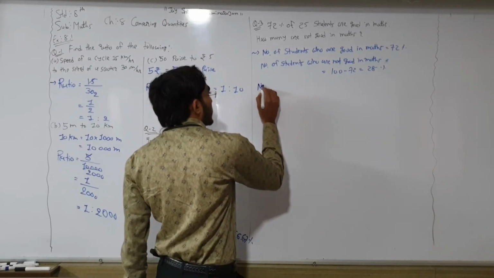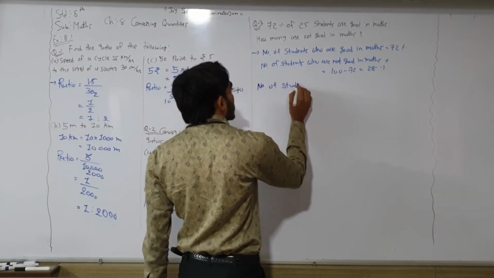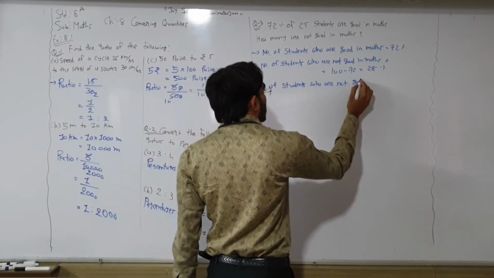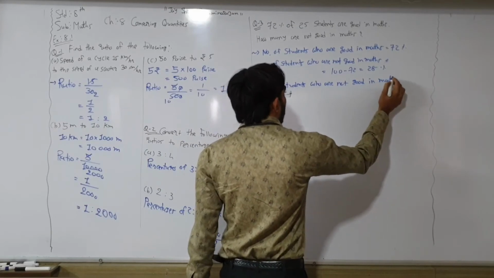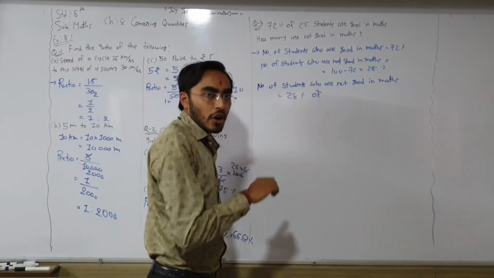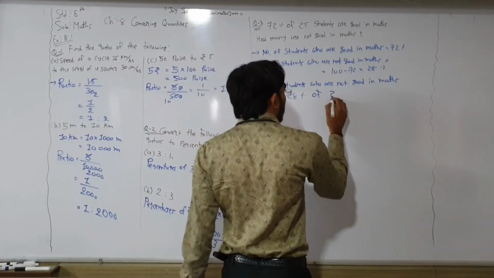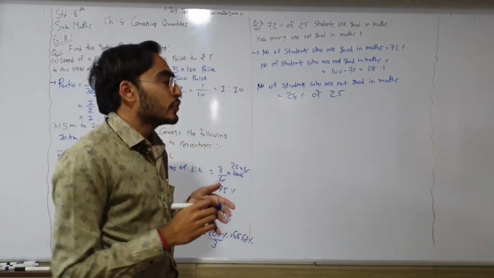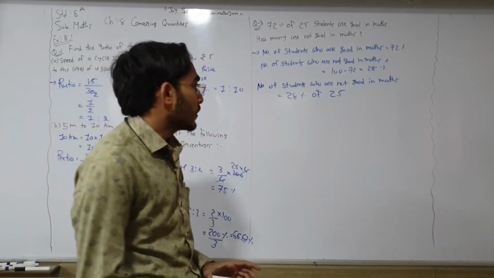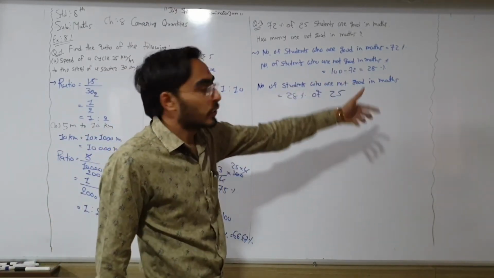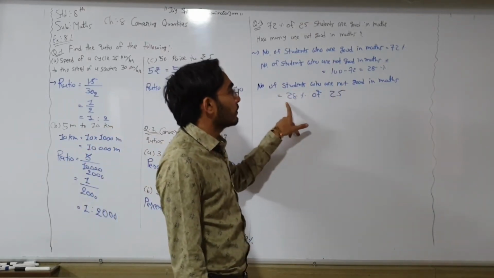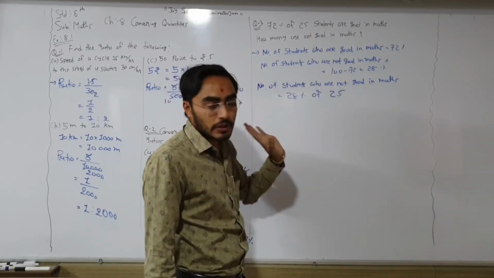So again, number of students who are not good in maths is equal to, now how many percentage we get? 28 percentage, right? 28 percentage of, now total students 25. 25 जो स्टूडेंट है उसमें से 28 percentage गुड नहीं है. So number of students who are not good in maths, 28 percentage of total students 25.